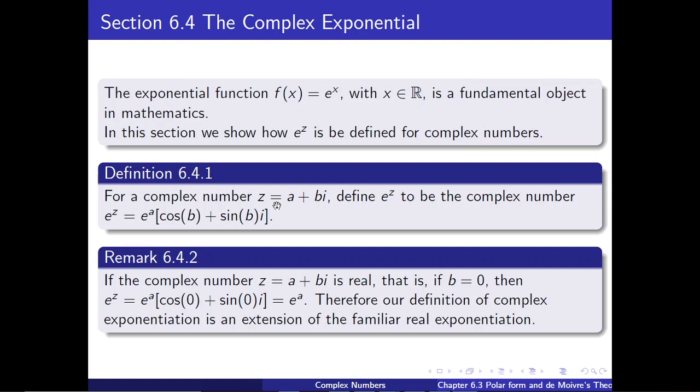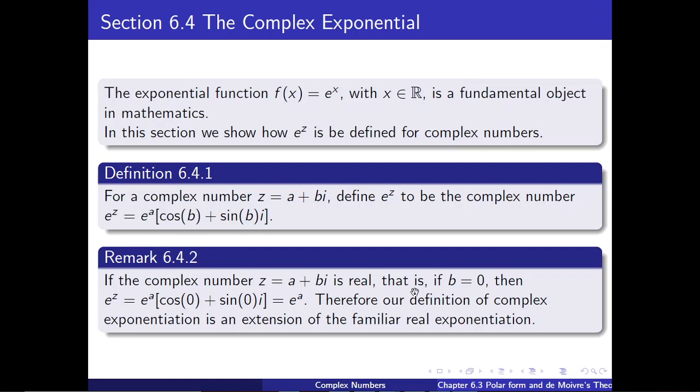So for a complex number z which is equal to a plus bi, we define e to the z to be the complex number e to the z, which is equal to e to the a, e to the real part of z, times cos the imaginary part of z plus sine the imaginary part of z times i, and that becomes our exponential of z.